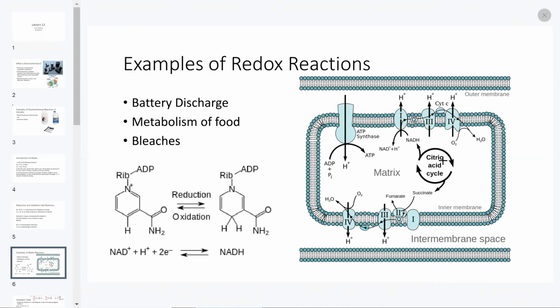So you can see here's the citric acid cycle. And in the citric acid cycle, another redox reaction happens. If I remember correctly, the citric acid cycle will consume a molecule of acetyl-CoA, and it spits out molecules of CO2. So we're oxidizing acetyl-CoA into CO2.